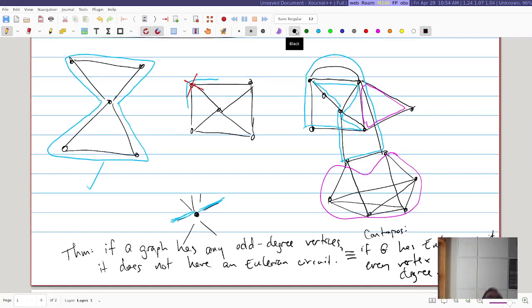Here, I have a choice. I have to go around each triangle, but which order I go around them, I have some choice there, right? And if you label the vertices, it's different.